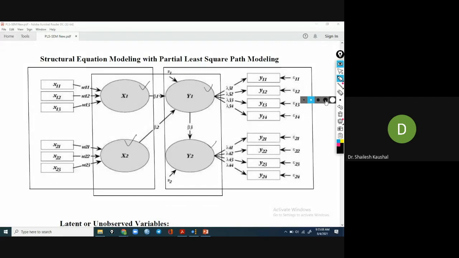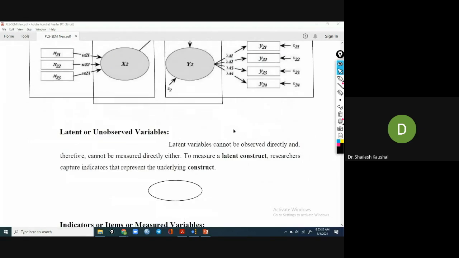Directly we cannot observe this phenomenon, but by using these questions we can understand the latent phenomenon. These are the measured variables, meaning our questions. And unobserved means the latent phenomena.